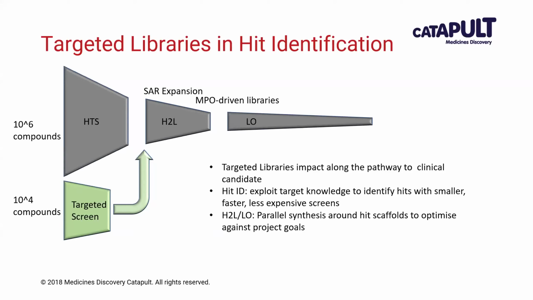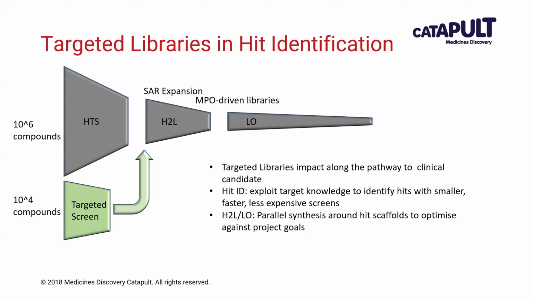And then further down the pipeline, it will be optimizing those hits and leads against the project goals, the parameters that you've set in your target product profile. Today, we're really all about hit identification, so that's what I'll be concentrating on.